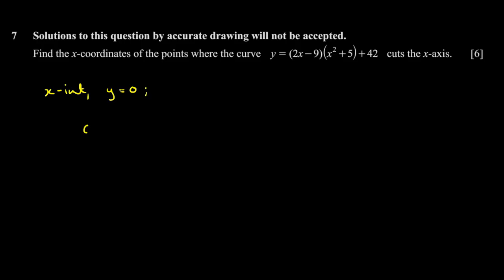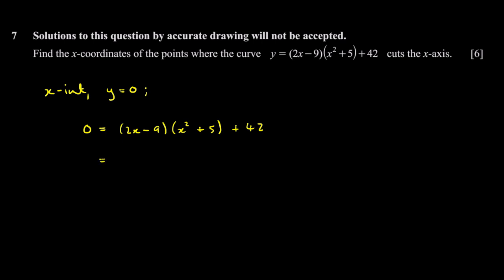Well, we're going to get 0 is equal to (2x minus 9) times (x squared plus 5) plus 42. I think the best way to handle this is just to expand it.